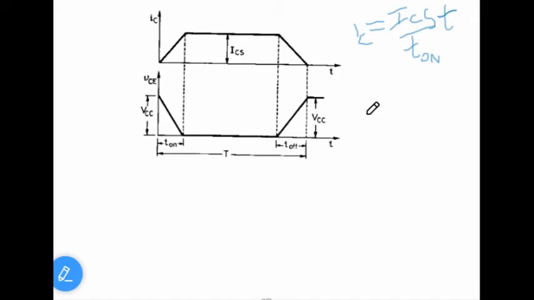Therefore, you can write this VCE with a negative slope. What is the slope again? There is a difference here. Here the current is rising, here the voltage is falling. The slope magnitude will be approximately VCC by t on.